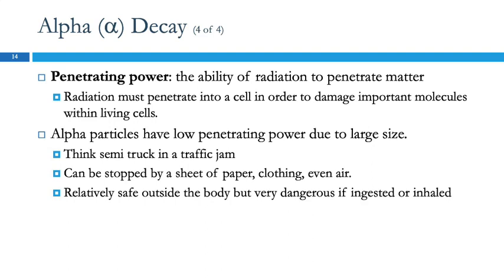It's not going to come in through your skin. What is very dangerous about it, though, is if it's ingested or inhaled. If you eat it or breathe it in, now it's gotten into your body and it has access to various cells. The alpha particles could damage your skin, but your skin regenerates itself, right? And it's got multiple layers, so it's not going to get any further than that.